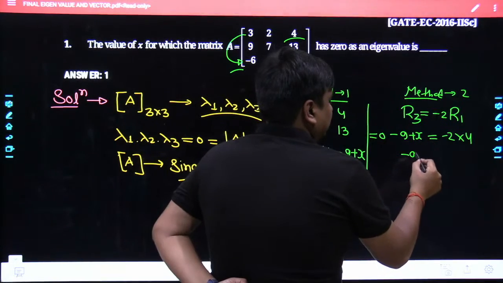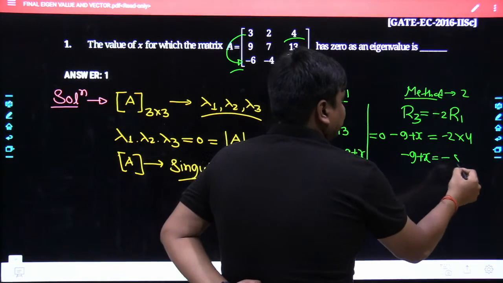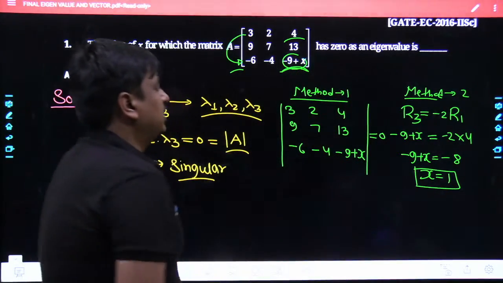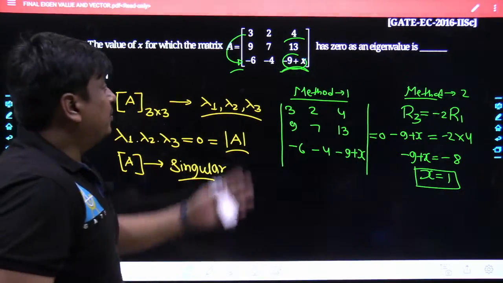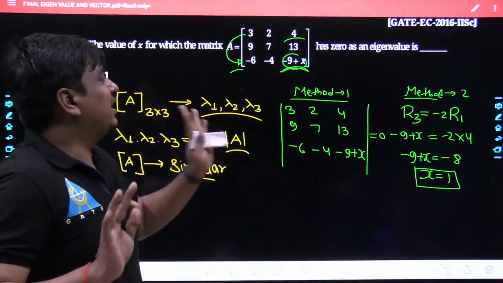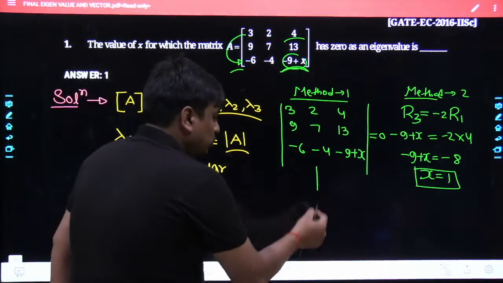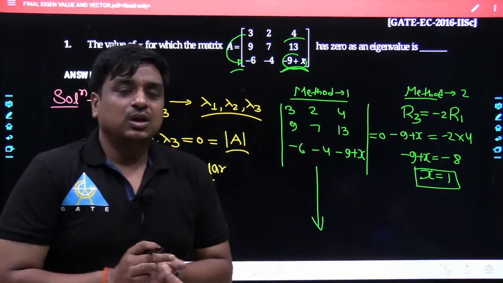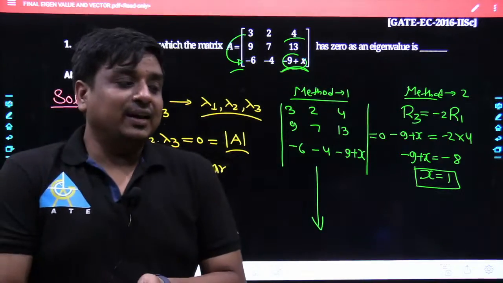So here it becomes minus 9 plus x minus 8, so x is simply equal to minus 8 plus 9. The result is simply going to be 1. Even by just seeing it, you can easily get the answer. But once you go through the other process, you have to get the complete determinant, and at the end of the day, you can probably calculate the wrong answer.